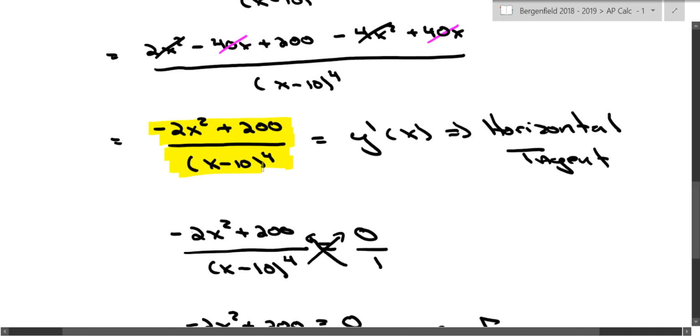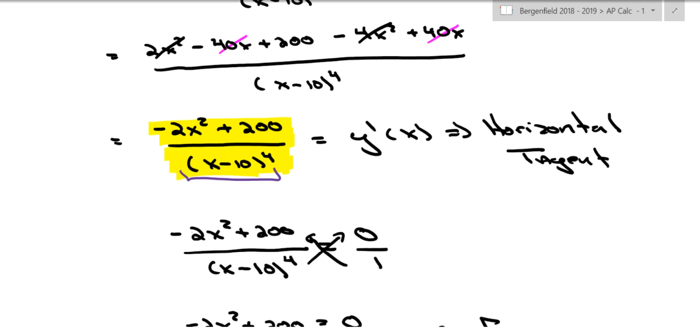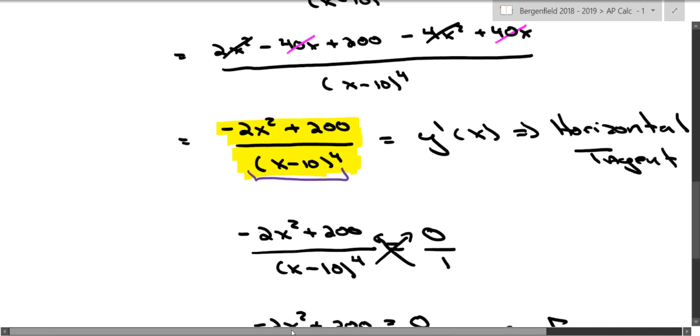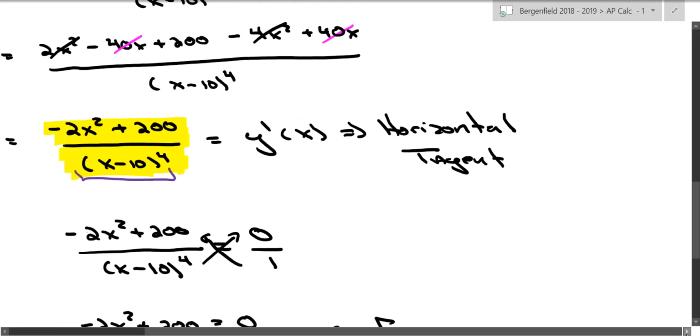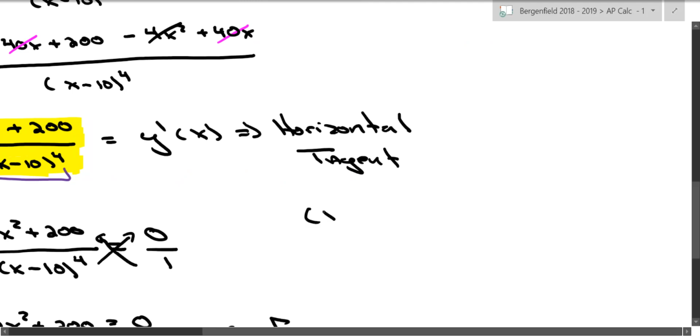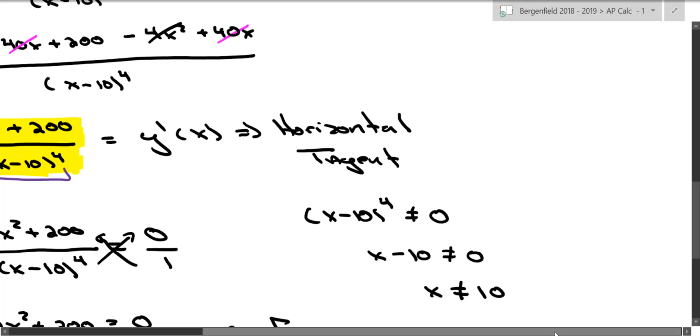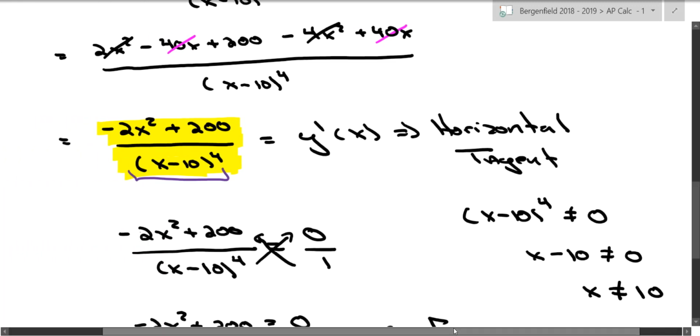Now if you look at the denominator, we have to be very careful here. Anytime I see a denominator, what I like to do is say the denominator, x minus 10 to the 4th, is not allowed to be 0. So if I take the 4th root of both sides and then add 10, x is not allowed to be 10, because that would be where a vertical asymptote would occur.